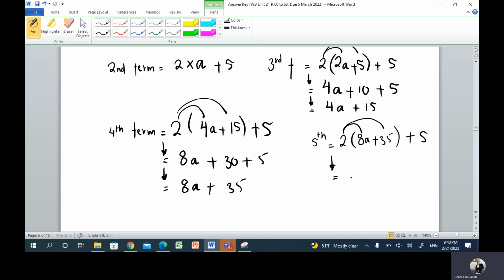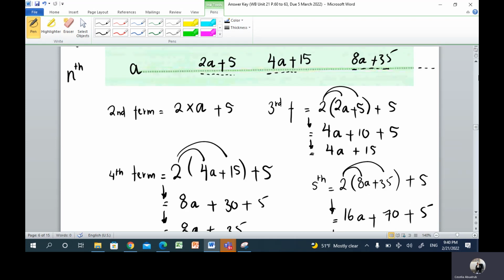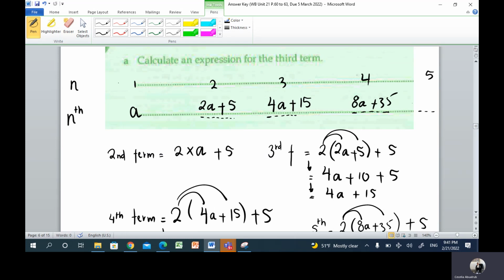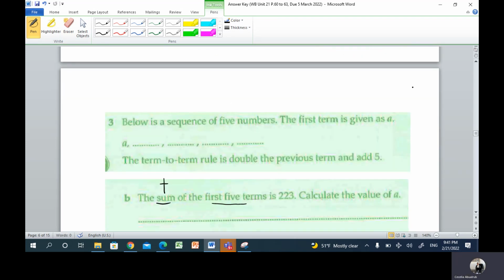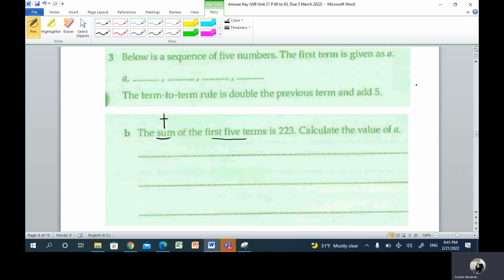So 2 times 8a will be 16a, 2 times 35 will be plus 70, plus 5. And here it will be 16a plus 75. So the expression for the fifth term is 16a plus 75.